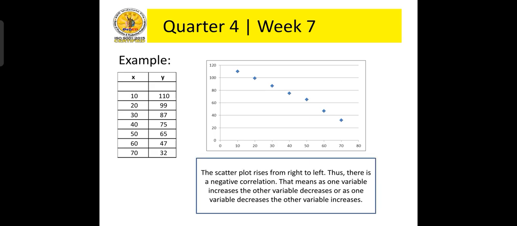Based from the diagram, the scatter plot rises from right to left. If it rises from right to left, there is a negative correlation. That means, as one variable increases, the other variable decreases, or as one variable decreases, the other variable increases.